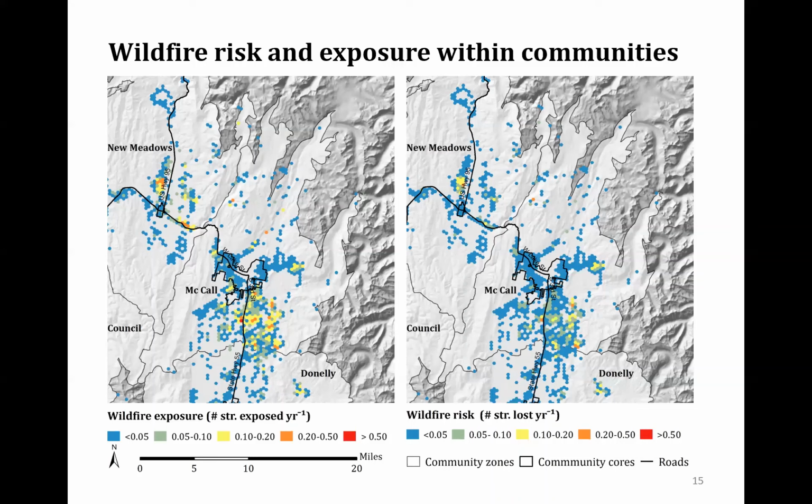We will later see the numbers. So this is one way of providing the outputs to the landscape manager. I believe this is probably one of the most useful ways to really understand really fast where the exposure and risk are concentrated in our communities.